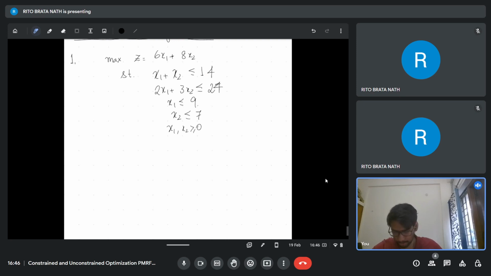So you have four constraints, and you can convert it into a dual, and then you can solve both the primal and dual. So that's the idea. So this is your primal.